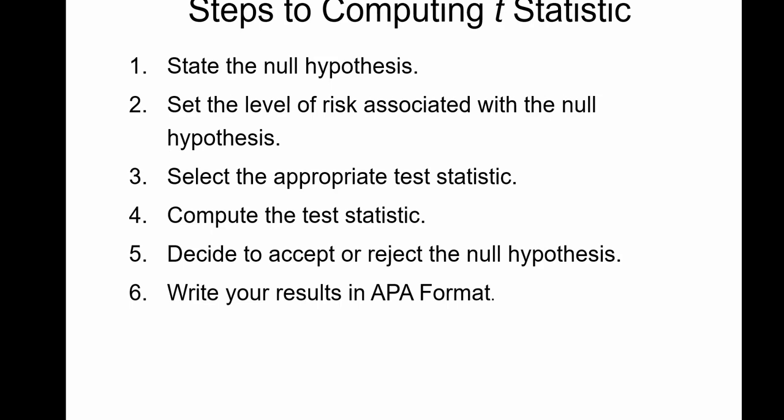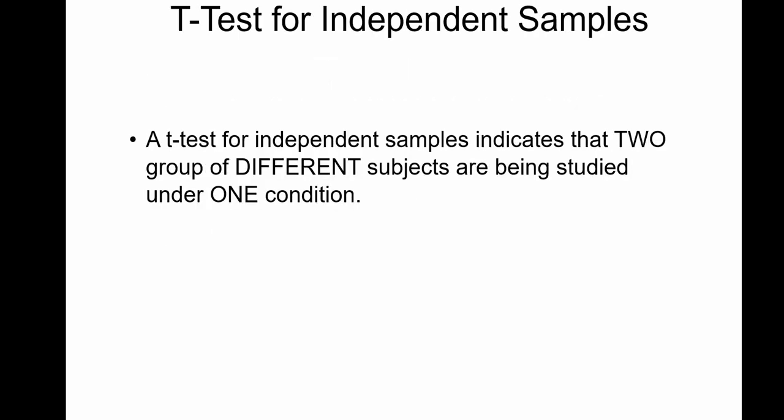So let's talk about t-test for independent samples. This is the first kind of t-test that we talk about. For an independent samples t-test, there are 2 groups that are being tested one time. And the way I've got it phrased here in the PowerPoint, 2 groups of different subjects that are being studied under one condition.